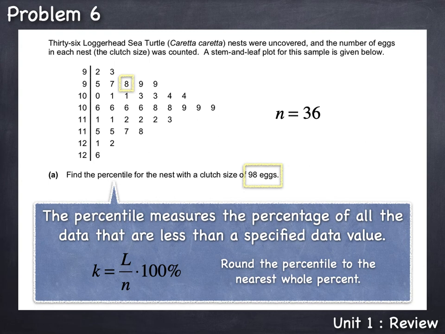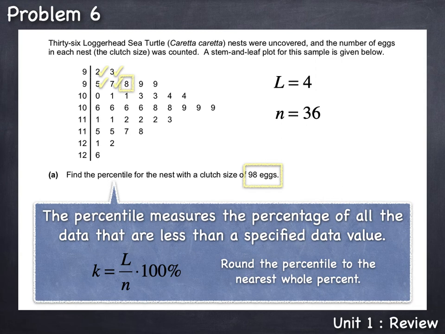Together, that makes the 98 egg nest. Now we have to count the number of nests that had less than 98 eggs. And when you go through and count, you see that the 97 egg nest, the 95, the 93, and the 92 egg nest totals 4. So 4 nests contained less than the 98 eggs.